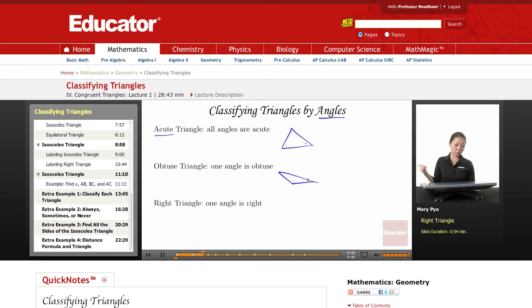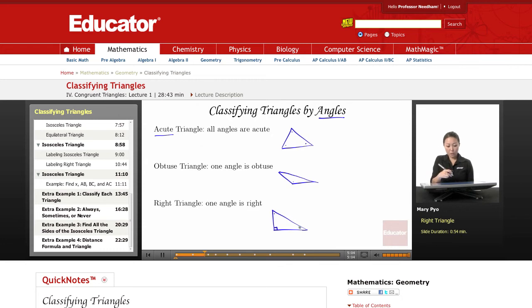Same thing for the next one, right triangle. A right triangle is when only one angle is a right angle. So like this, right? Right angle. Again, the other two angles must be acute.